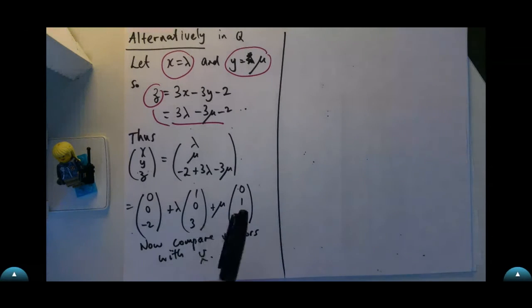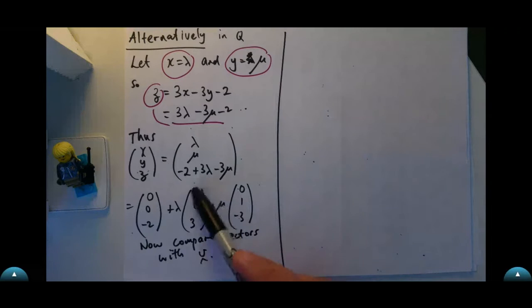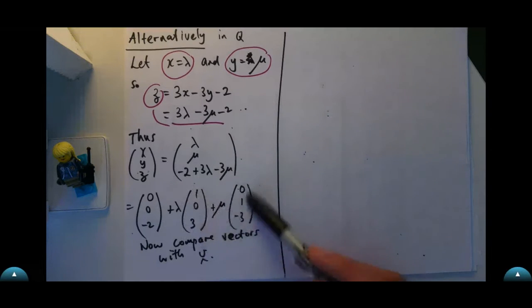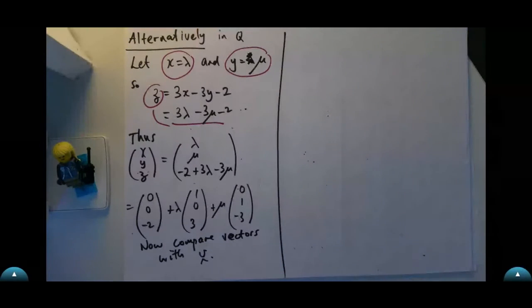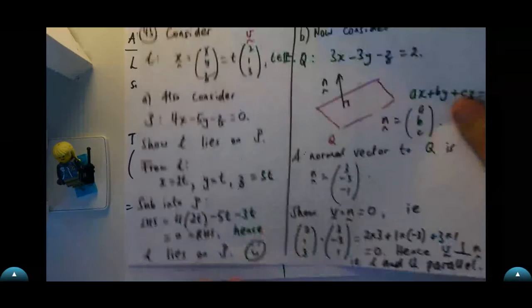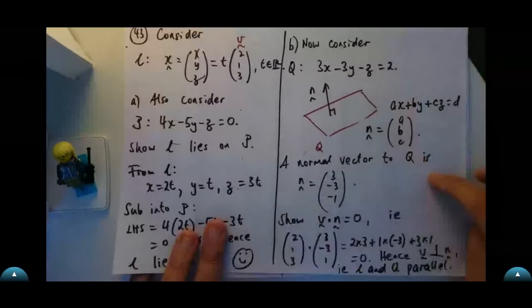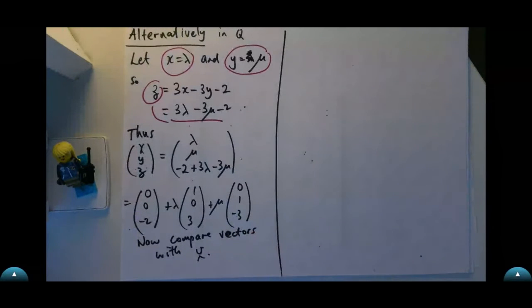Or you can show that v can be made out of a linear combination of these things. I think that's also another way of doing it, right? So if you had 2 lots of that plus 1 lot of that, then you know that's enough. You can see how this method over here is much quicker than that.